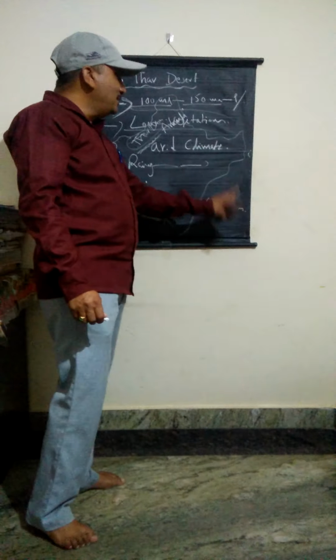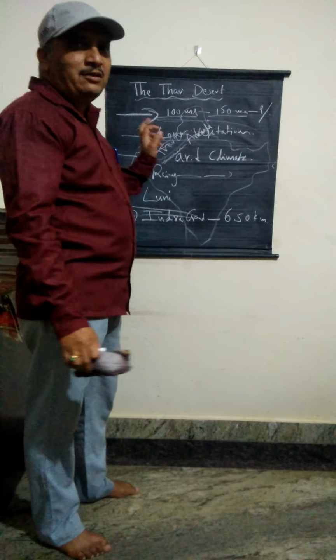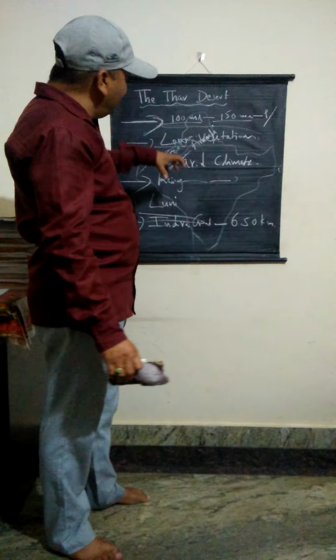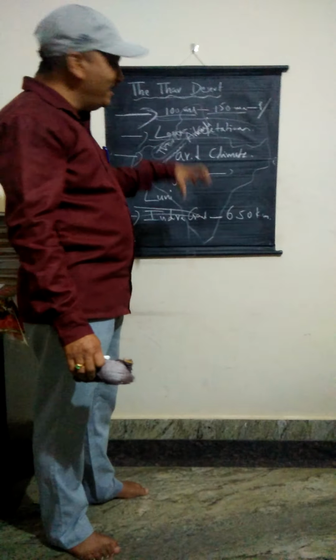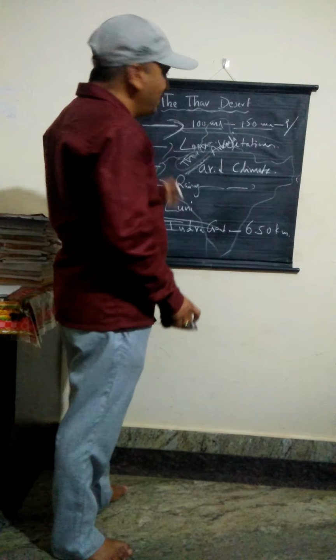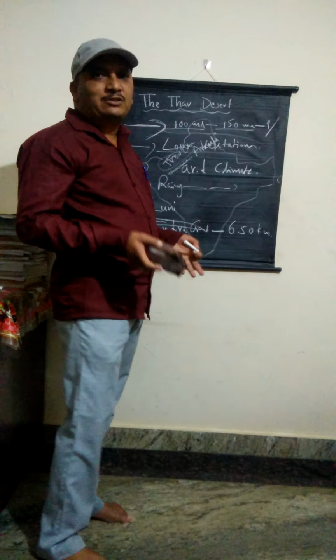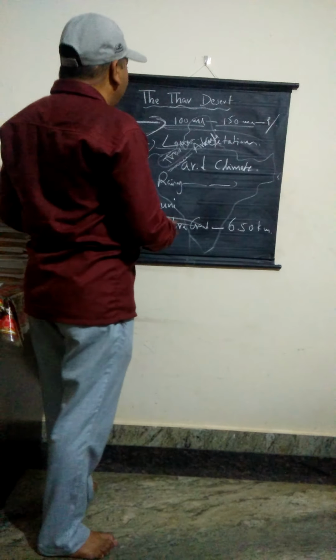Its length is 650 kilometers. The canal brings water to the Thar Desert area. Due to that, even the sandy plains were converted into farmlands, and today agricultural activities are going on in the Thar Desert area.